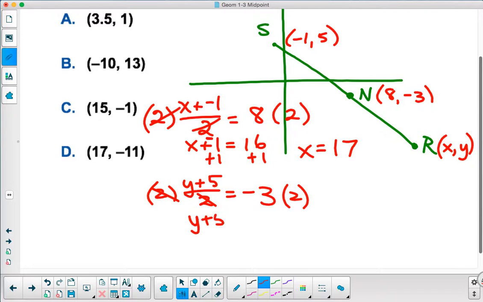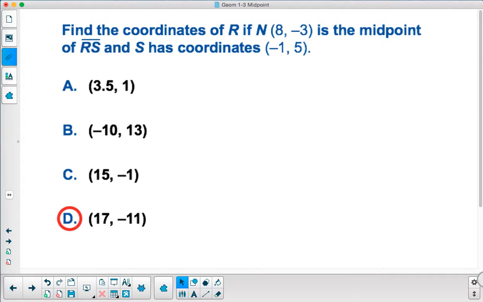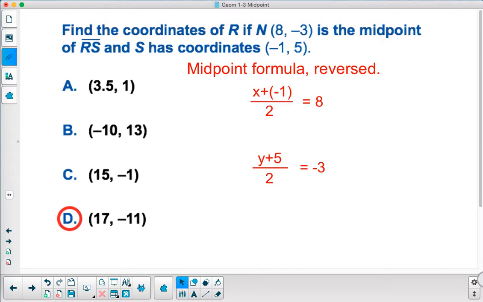Y plus 5 equals -6, subtract 5 from each side, and the Y is -11. So notice I got the point 17, -11 when I worked it out. So think about that example again. The two endpoints average to make the midpoint. All right, so that was leading you to that.